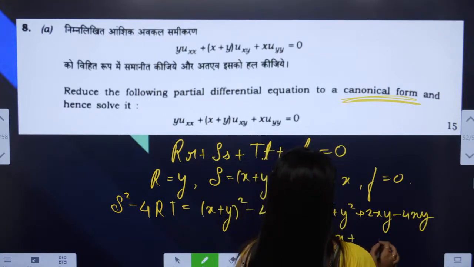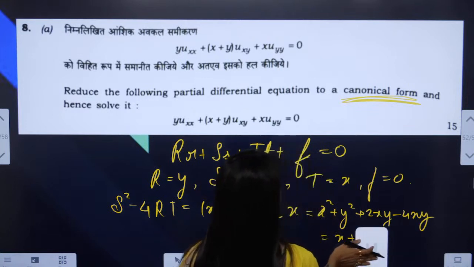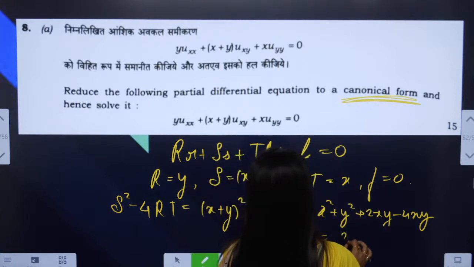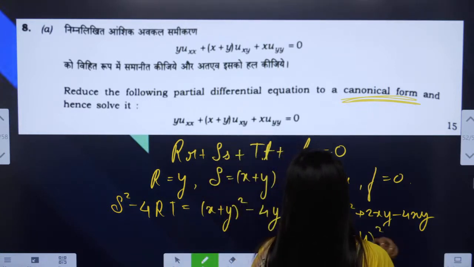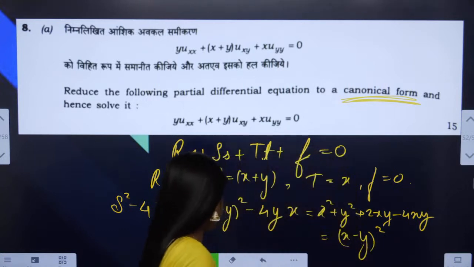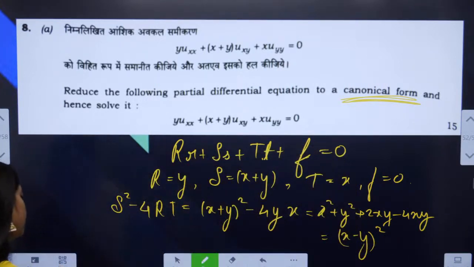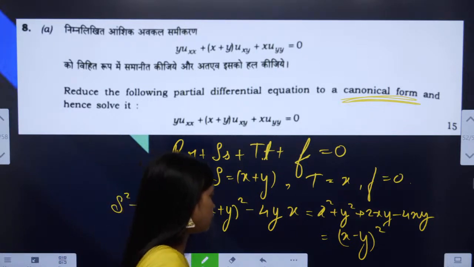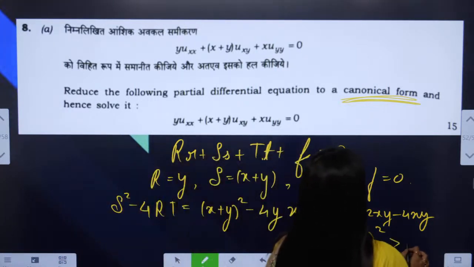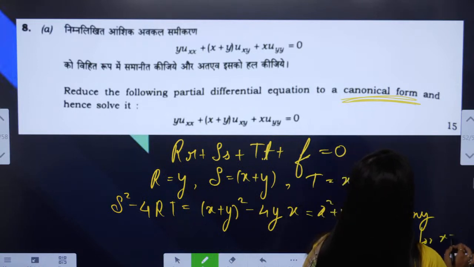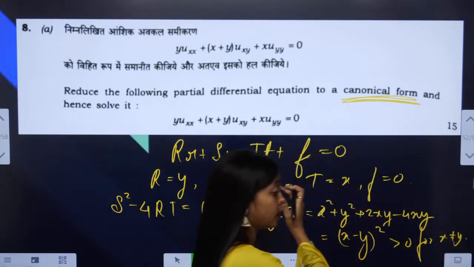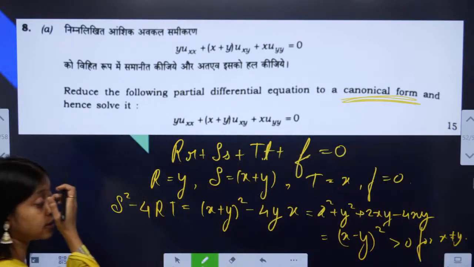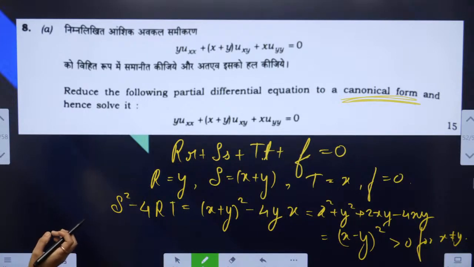It becomes x minus y whole square, right. After that, what your job is? This is hyperbolic, right, because it is strictly greater than 0 for x not equal to y. So, this is your hyperbolic.